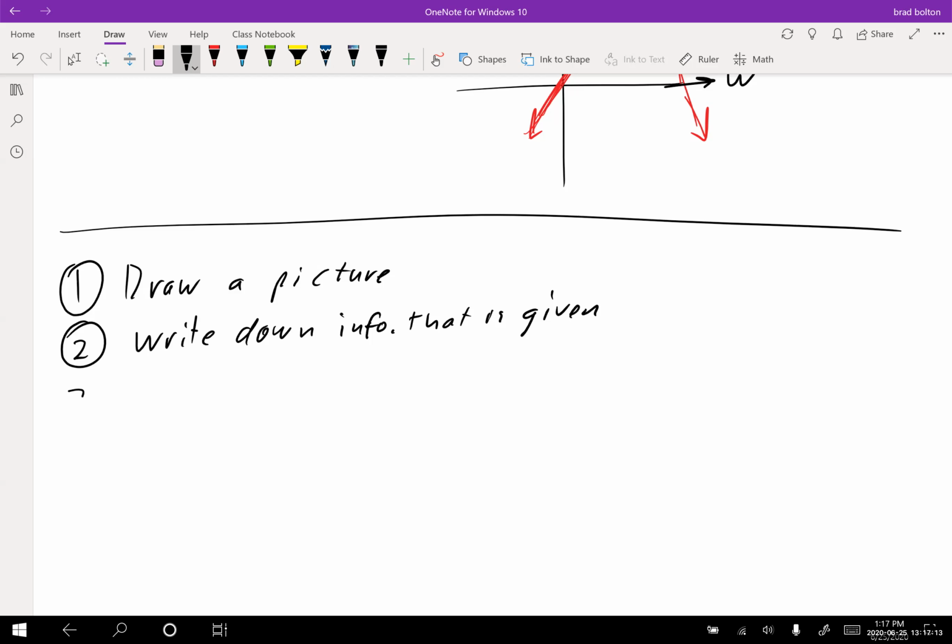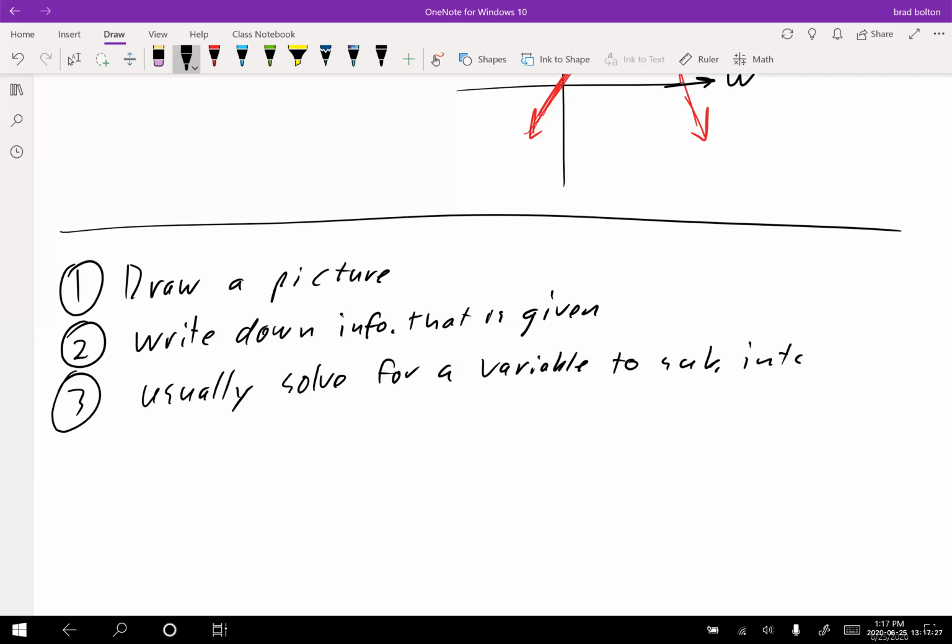Right? And usually solve for a variable to sub into another equation.